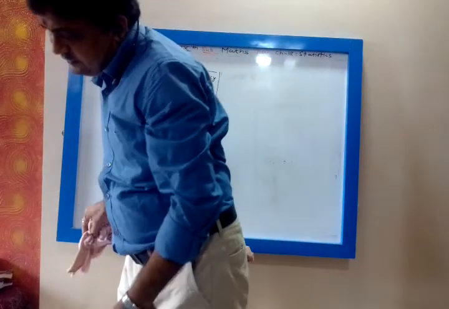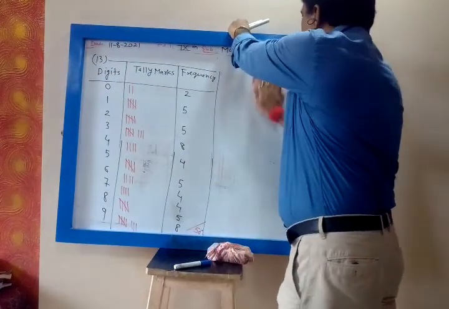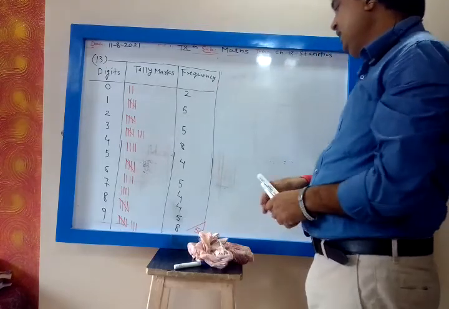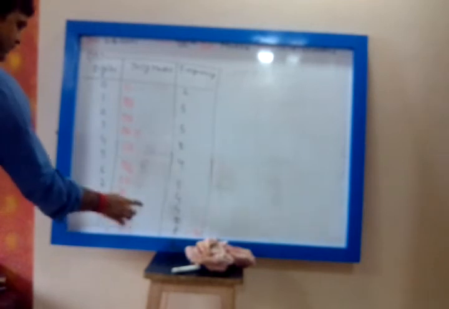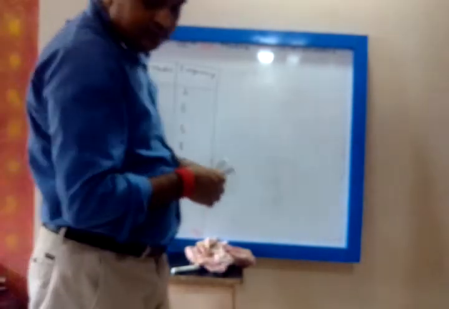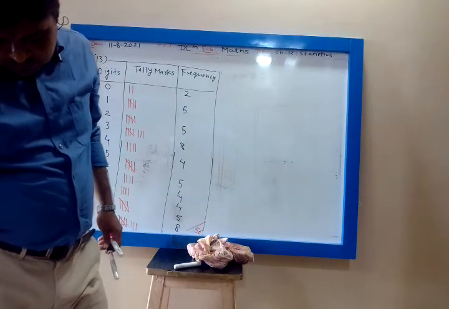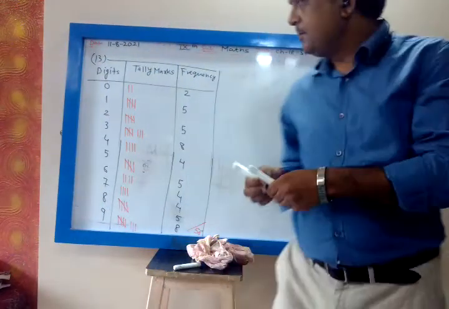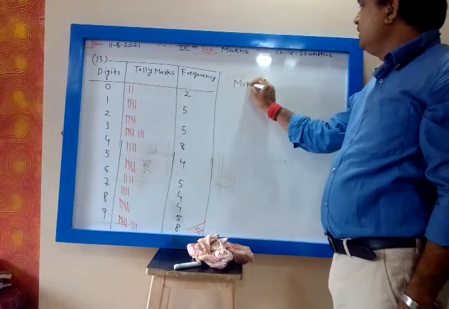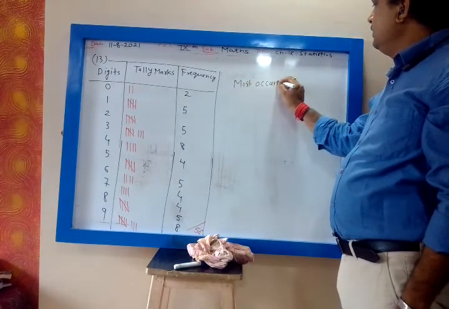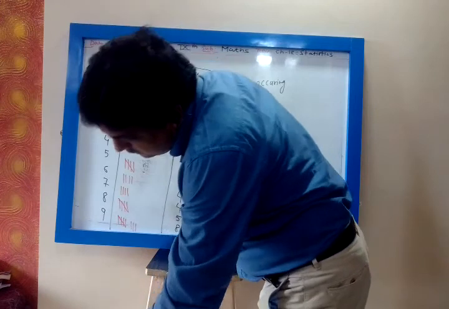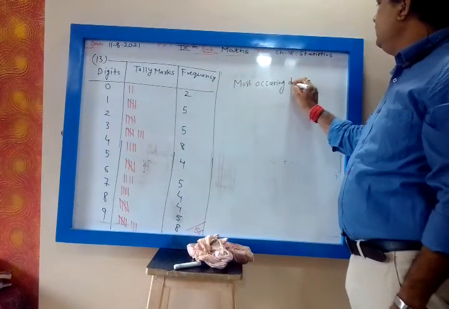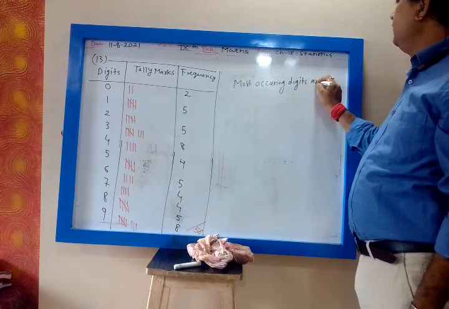So most occurring digits are 3 and 9. 8 is for 3 and 8 is for 9.